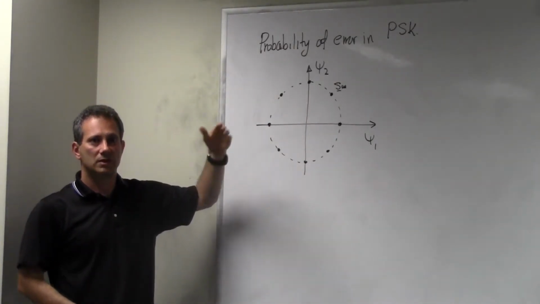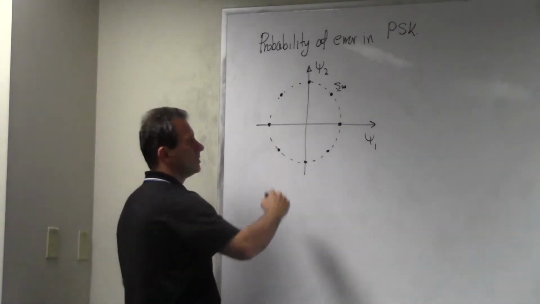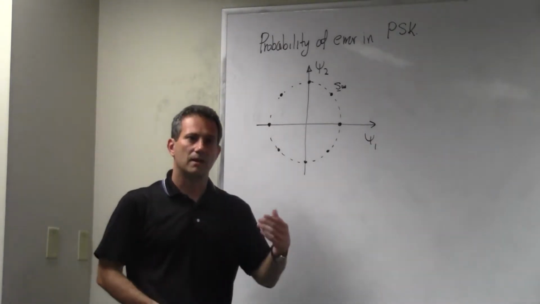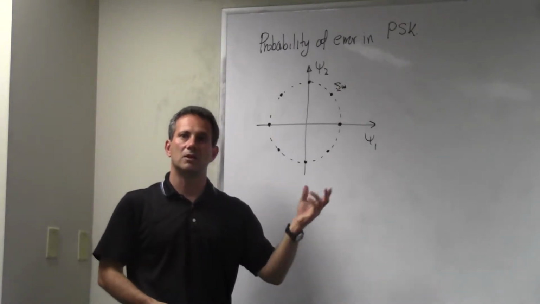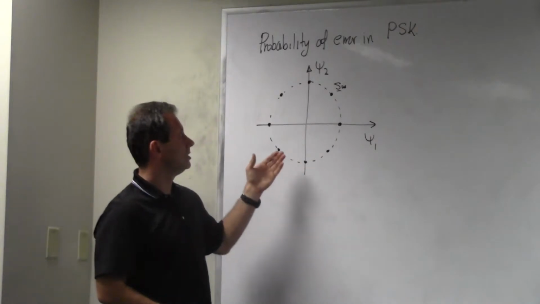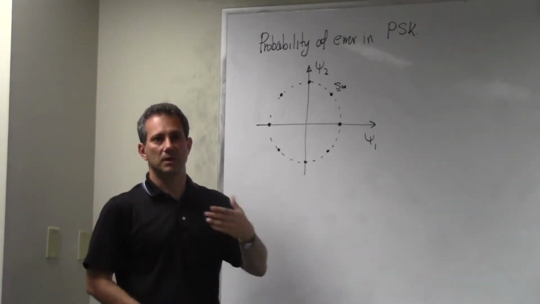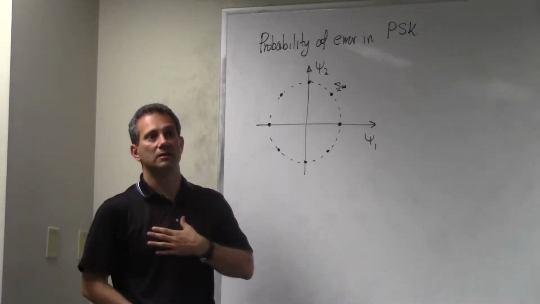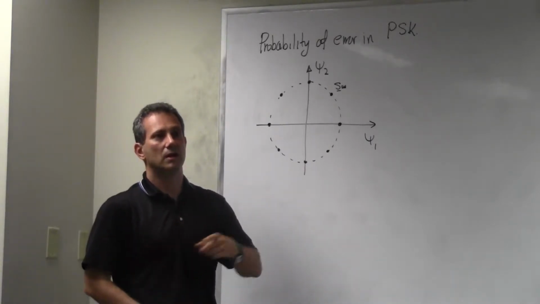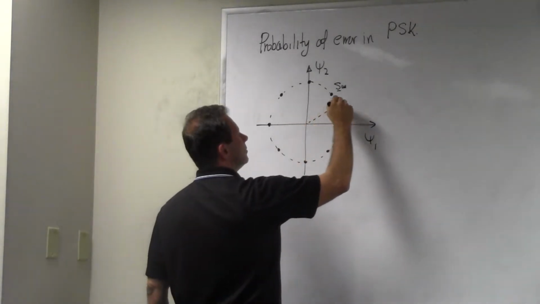And what is inside the decision boundary and what is outside? Since we are basing our decision on maximum likelihood, assuming equal probabilities between the symbols, we're going to draw the boundaries based on the Euclidean distance between the received symbol and the constellation point. So the decision boundary here would look like this.